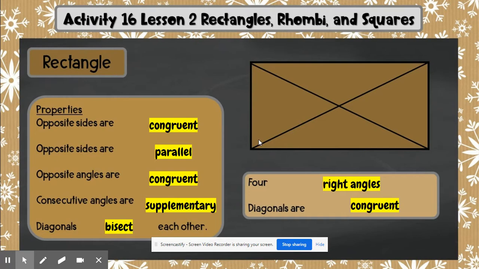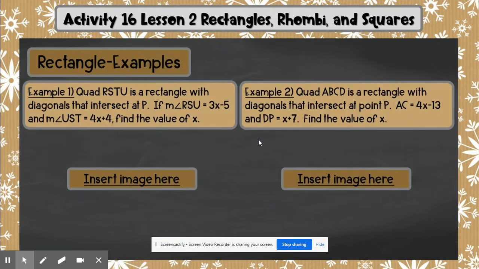Okay. So we're going to do a couple of examples here. Now, I didn't bring my Elmo. I'm doing this at home, so it's going to look a little bit different. So if you need to pause the video at any time, then do that and write things down as we go.